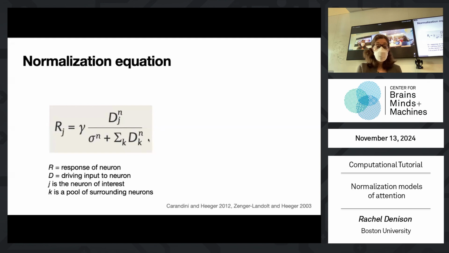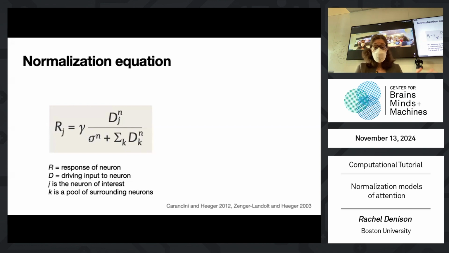In the denominator, we have a sum of driving inputs to all these K neurons. These K neurons include the neuron of interest and also a bunch of other ones surrounding it. So this is what gives us the surround, or the local context. And then we have this sigma, which is just a constant that determines at what point this function is saturating.